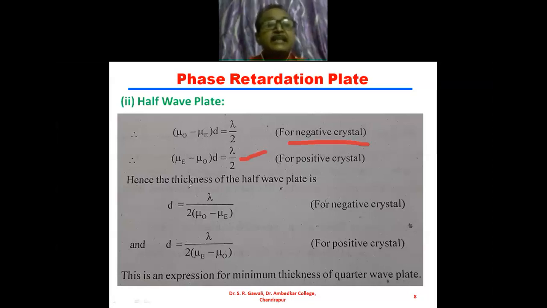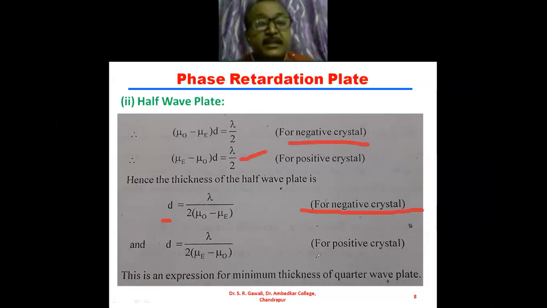And hence the thickness of the half wave plate is D equal to lambda by 2 into mu O minus mu E for the negative crystal, and D equal to lambda by 2 into mu E minus mu O for the positive crystal.